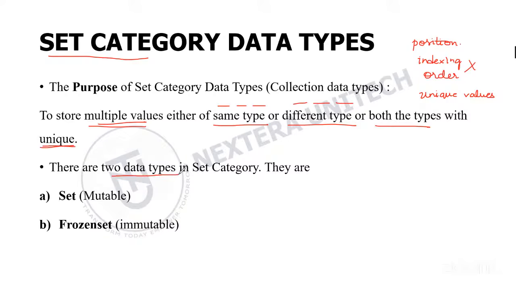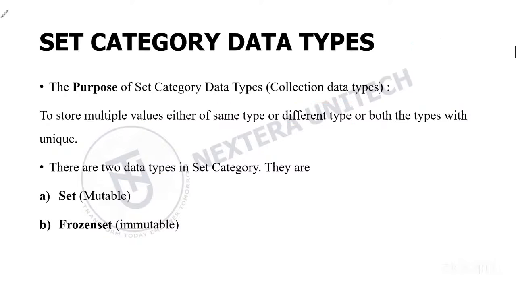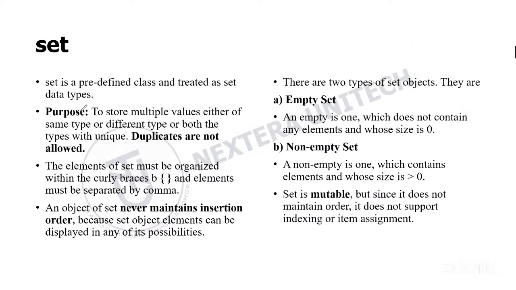So there are two data types in the set category, that is sets and frozen sets. Firstly, let's learn about sets. So set is a predefined class and it is treated as a set category data type. So this set is used to store multiple values either of same type, different type, both types, and also with unique values.